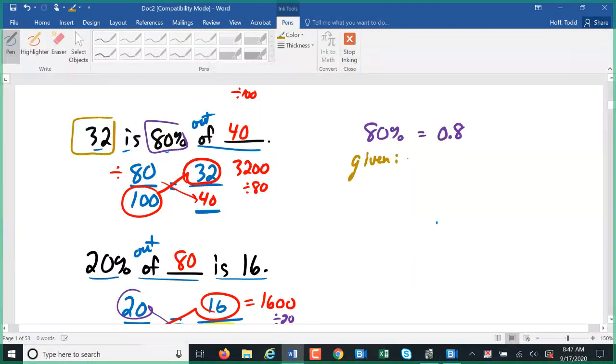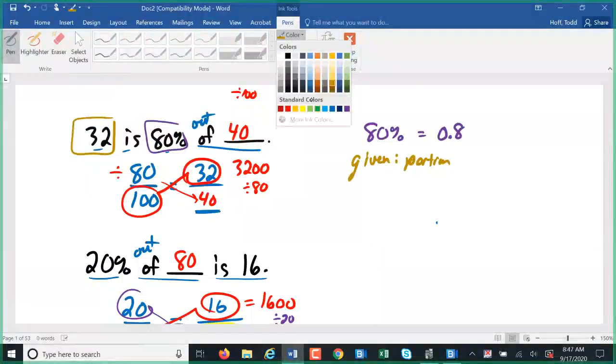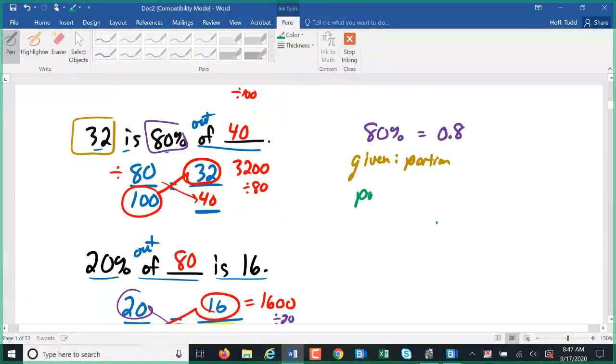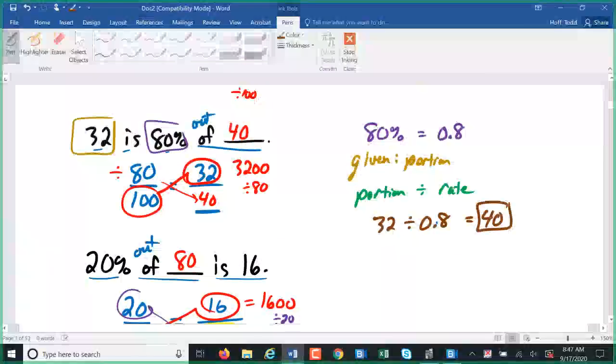If we're given that portion of interest, what we end up doing is we take the portion divided by our rate. So this would be the portion of 32 divided by 0.8, which is going to give us 40, which is the correct answer, which is what we got up here.